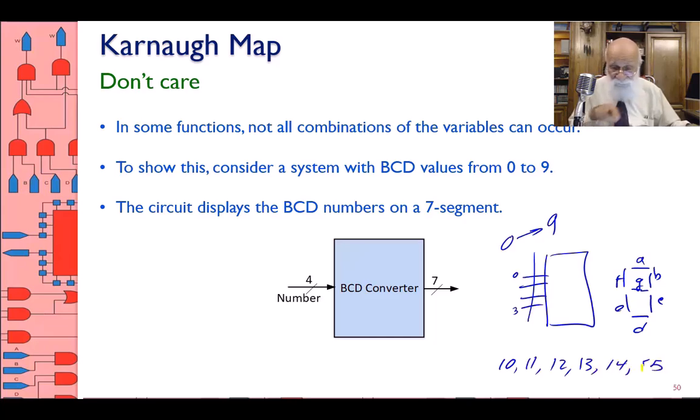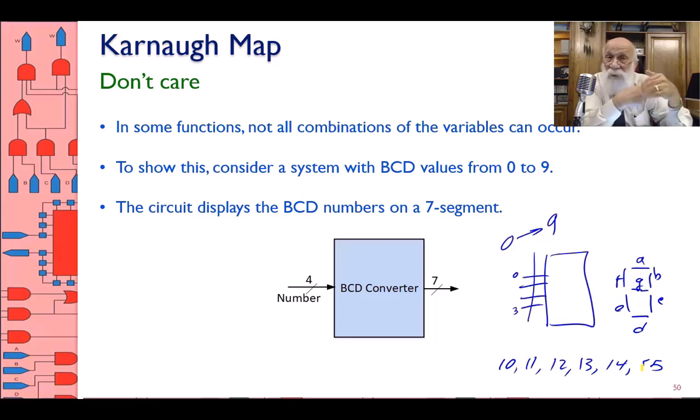Okay? If these don't matter, that means you don't really care about the output. What it means is it doesn't matter to you if 1010 happens on the input, because this is not between 0 and 9. What displays because of this is not important. Okay?